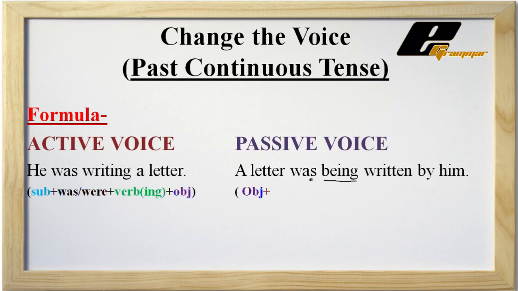Now let's see the formula for this. In active voice, past continuous tense, we construct the sentence like this: subject, was or were, verb ing, and then object. In passive voice, the object comes first, a letter. Our object is singular, that's why I use was. This was is the form of be, was or were. In past continuous passive voice we use was or were depending on the object.